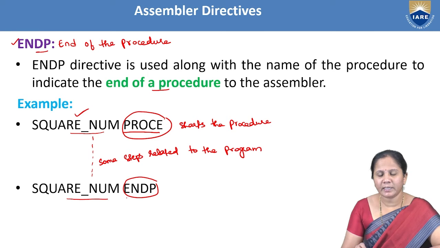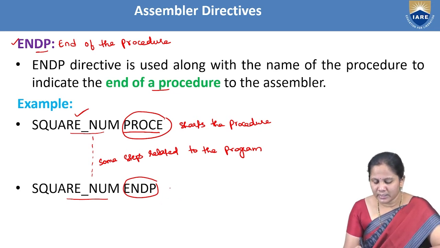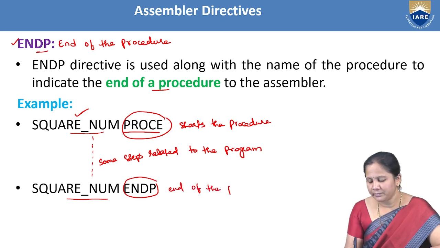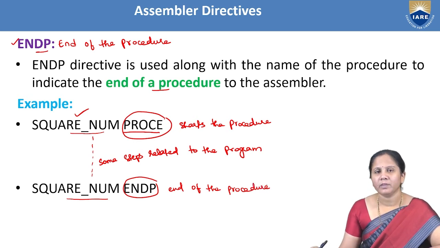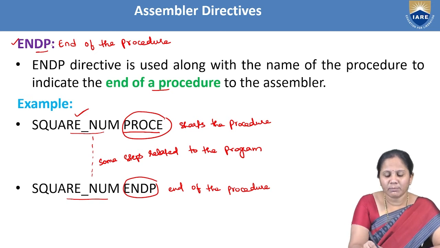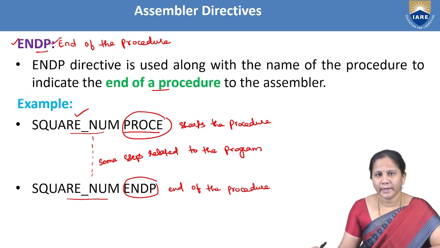And here the last statement will be the same procedure name along with this ENDP assembler directive. When it is executed by the assembler, it says it is the end of the procedure. So this is the assembler directive ENDP.